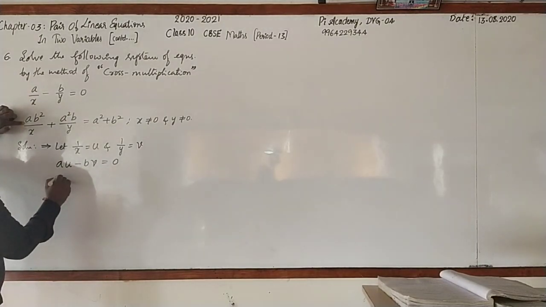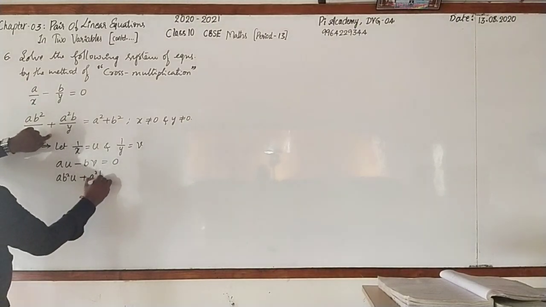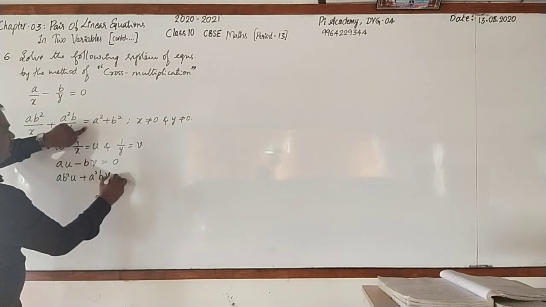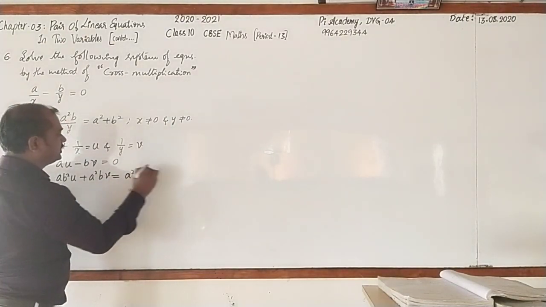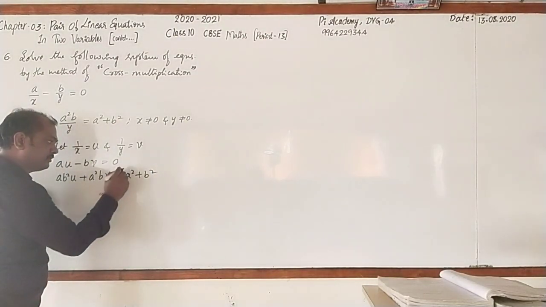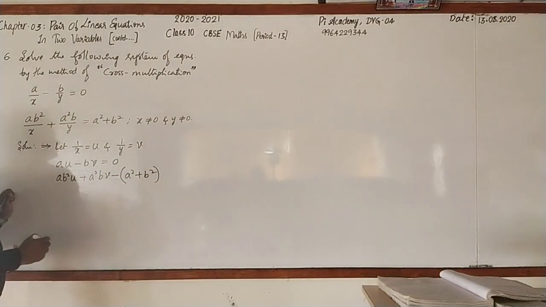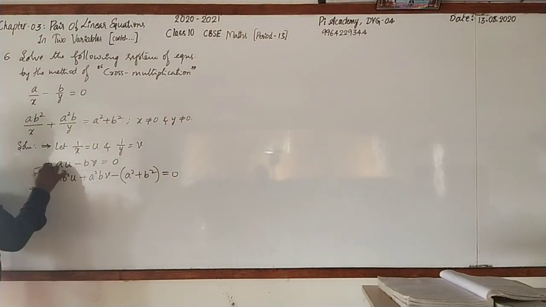And this is ab square u plus a square b v is equal to a square plus b square. Clear? And you can take this to the left hand side. It is minus of a square plus b square, which is equal to 0. Now we have written the given equations in standard form.